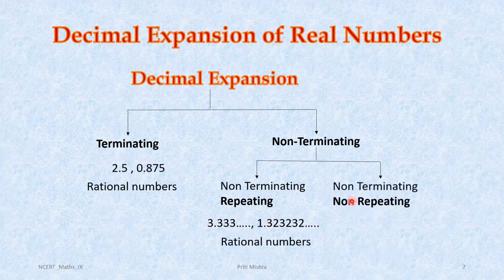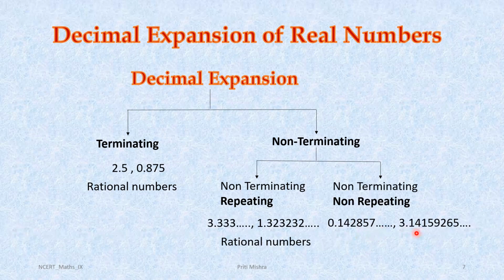On the other hand, non-terminating and non-repeating decimal expansions like 0.142857 and so on, 3.14159265 and so on, are not going to end and are non-repeating, meaning numbers are not repeated. Every time in the division we get different numbers, so such decimal expansions give us irrational numbers.